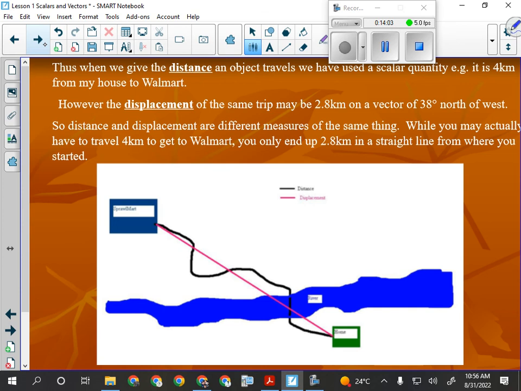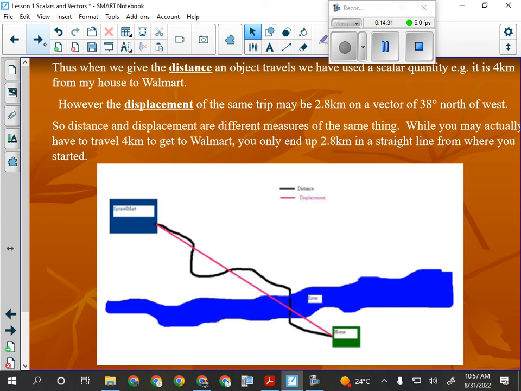So, a simple trick looked at from both a scalar and vector perspective would go something like this. Let's say I want to go from my house to Walmart or Home Depot or something like that. I just want to walk from my house to somewhere else. Unless I live right next to the store, can I walk in a straight line?